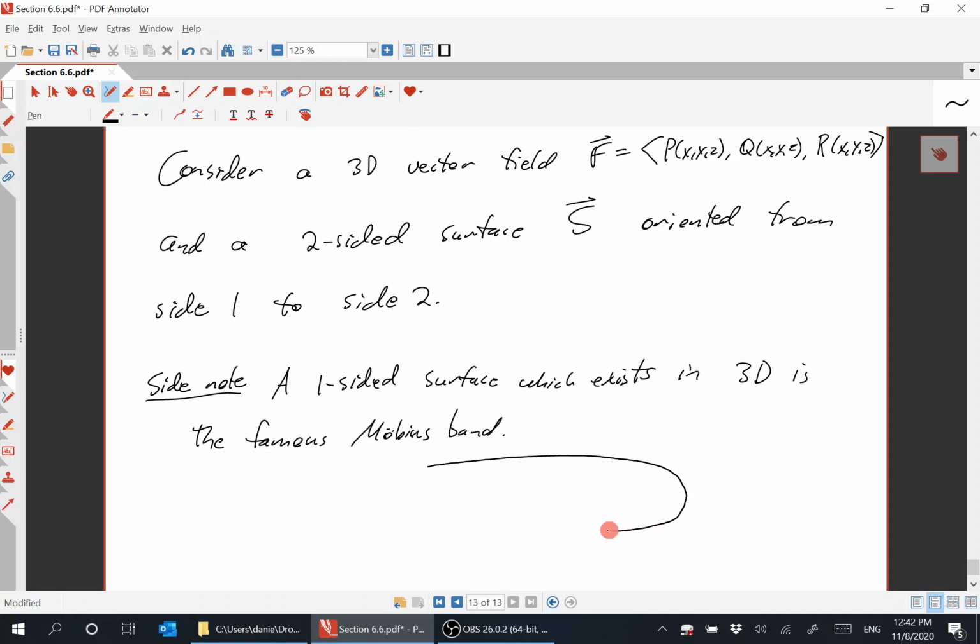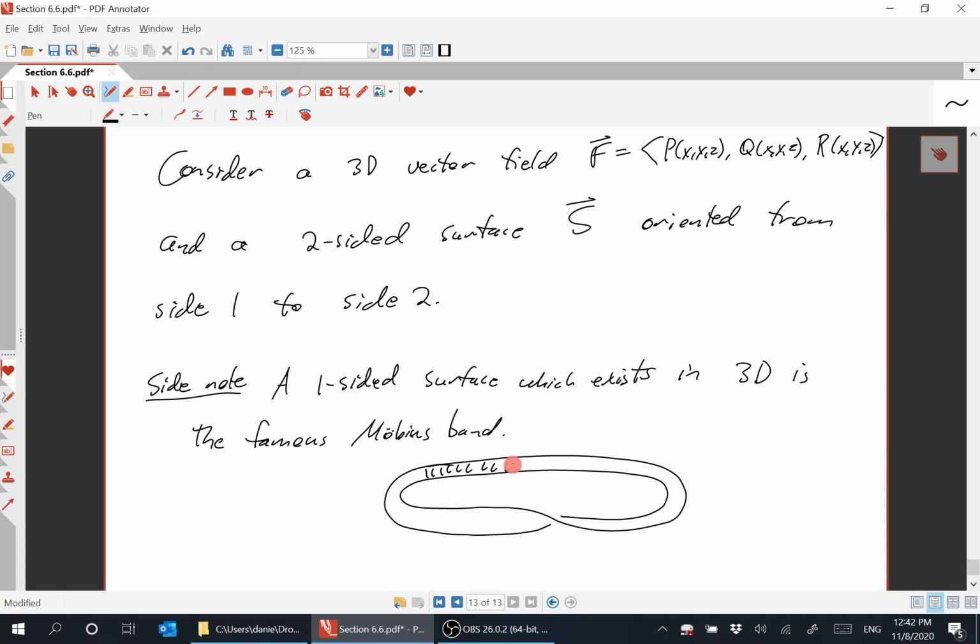There's this rectangular strip that's got a twist to it. Suppose I didn't quite draw that right. That's fine.